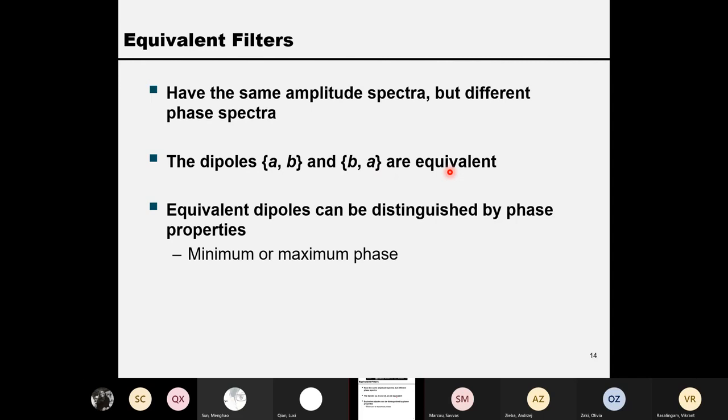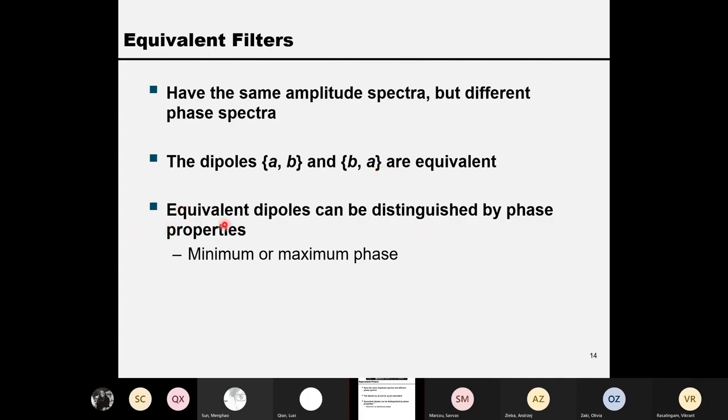Equivalent means not identical. What's the difference between the 2? Basically, A is in the front in one, and A is at the end in the other. The difference is the phase. If (A, B) is minimum phase, (B, A) will be maximum phase.